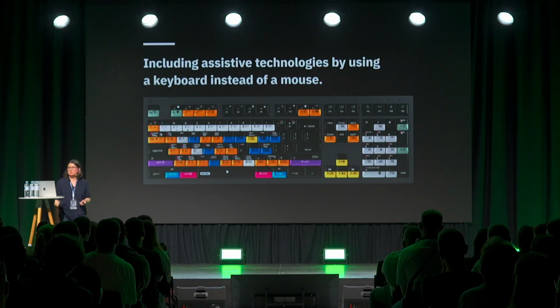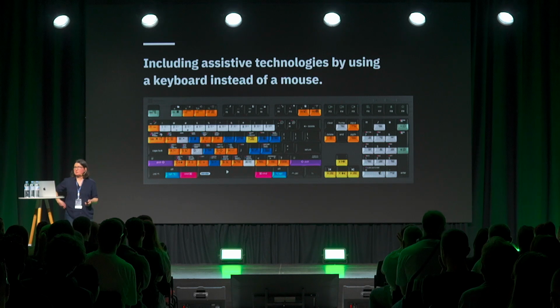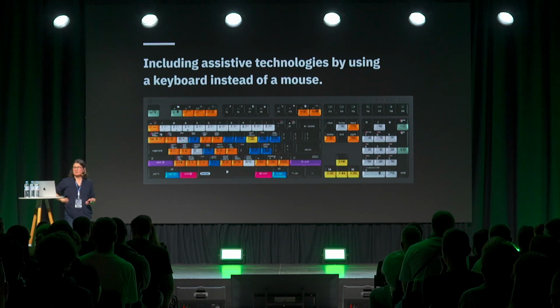Another example of UX design enhancing accessibility is to include assistive devices, such as a keyboard instead of a mouse. This allows people with disabilities, such as limited mobility or dexterity issues, to navigate and interact with digital interfaces easily.